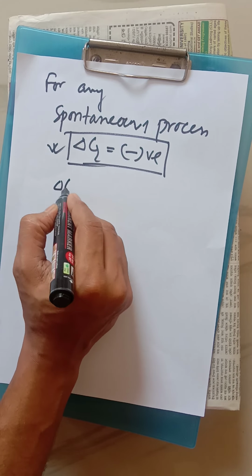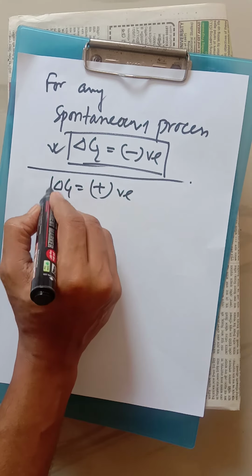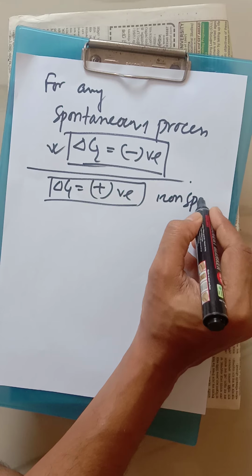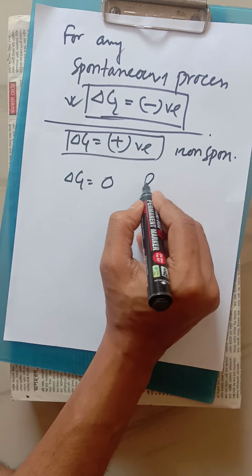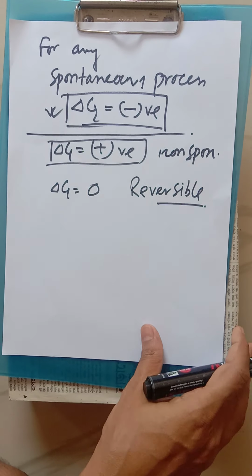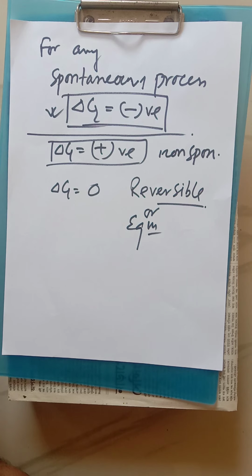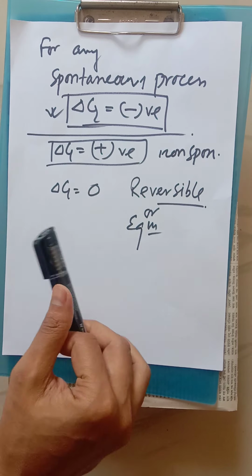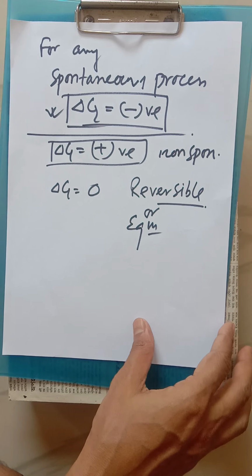Whenever delta G is positive, the process is non-spontaneous, and whenever delta G equals 0, the process is reversible, or in equilibrium. So we have to remember that when the system becomes spontaneous, the change in Gibbs free energy must be negative. It is very important.